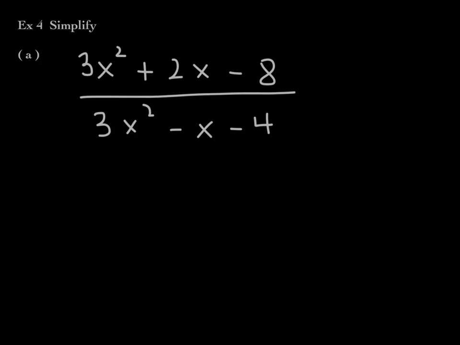Now, a common mistake some people make is they think that you can say this term divides out with that term, right? Furthermore, sometimes people say 4 goes into 8 twice. You can never divide out between terms. You can never divide out between terms. So all of that is not legal, if you will.